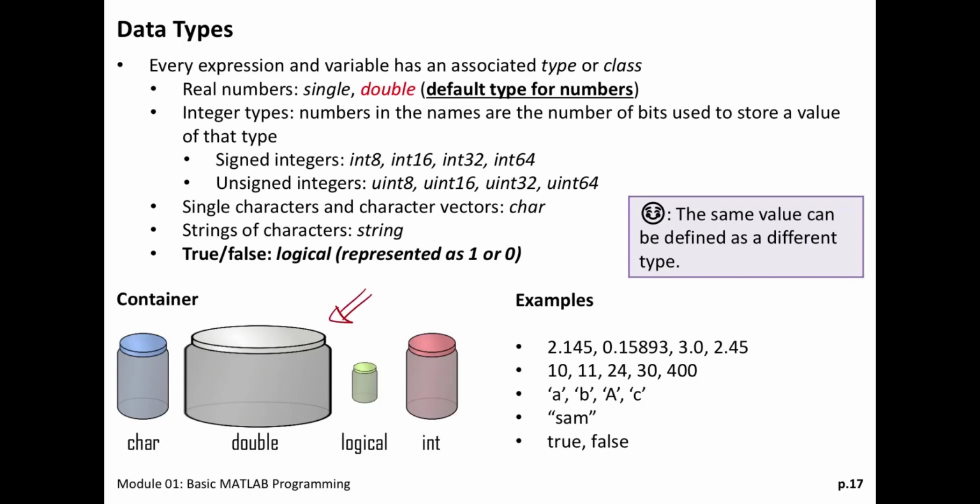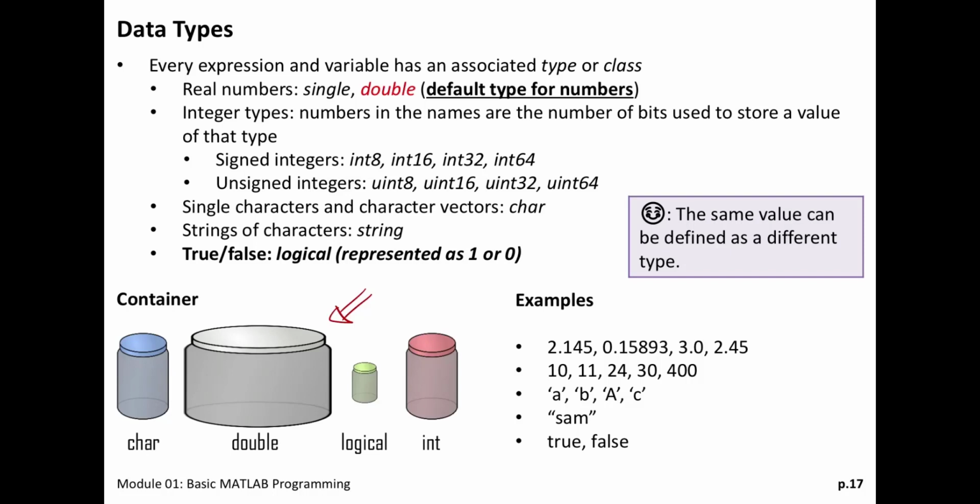If you define an integer value, with no decimal point, you do not use a huge bin to contain this number. If you are dealing with a large number with a large decimal point, you need a bigger bin to represent each individual value in your computer.